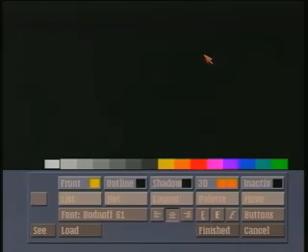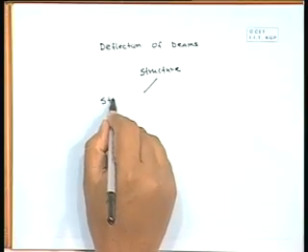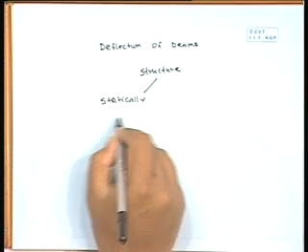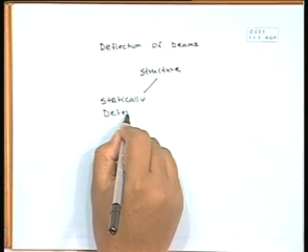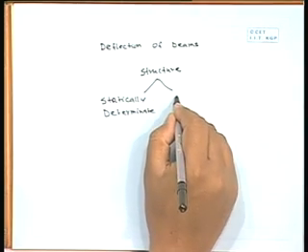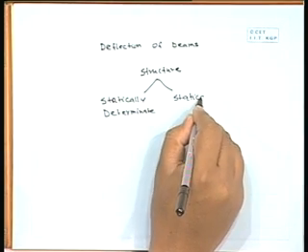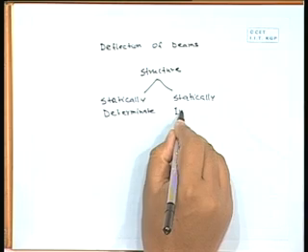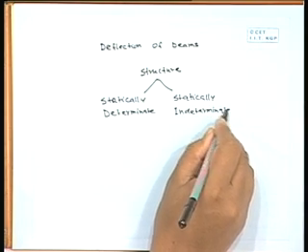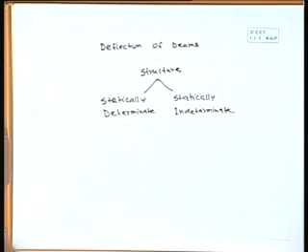So, if we say a structure in general, one type is statically determinate type, another is indeterminate type.